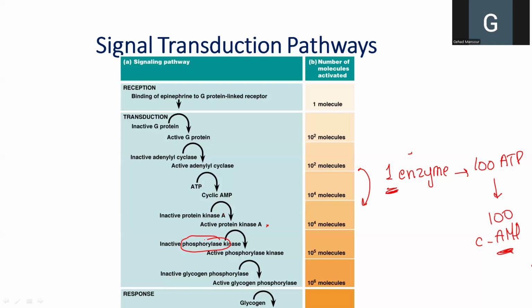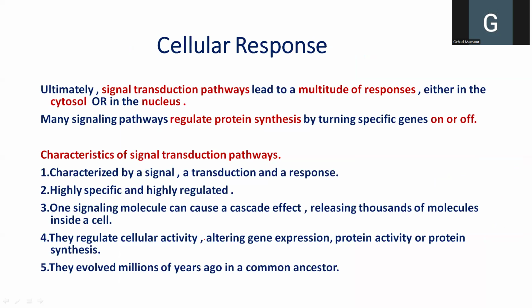Transduction occurs in a series of biochemical pathways, and this is what we call the cascade or dominoes effect. It all starts by reception, or binding of a signaling molecule to a receptor, and at the end of the day, there is amplification: we start with one signaling molecule and we end up with thousands of product molecules. And this is what we call the cellular response.